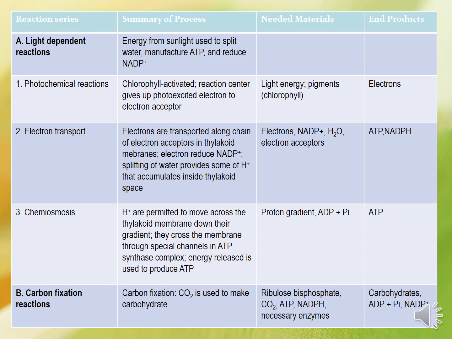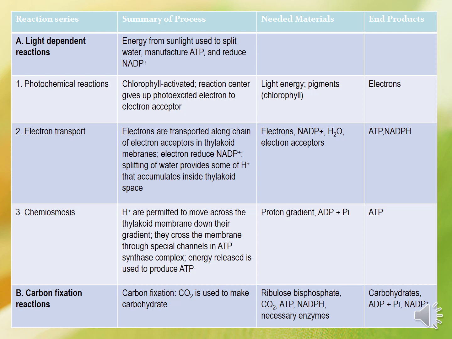Because all the questions and discussion regarding the Calvin cycle, photorespiration, and C4, C3, CAM plants are all about carbon fixation. In carbon fixation, CO2 is used to make carbohydrate. That is a very general summary: from CO2, they produce carbohydrate.